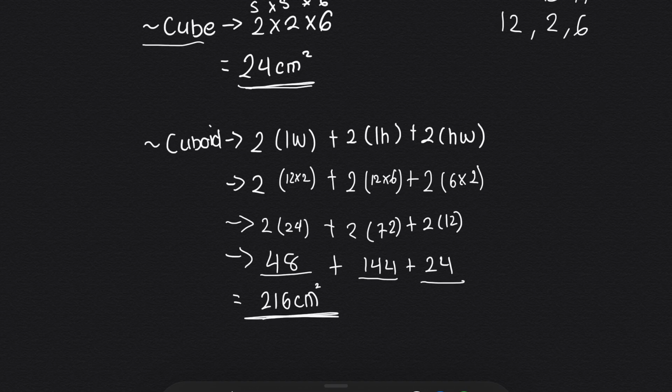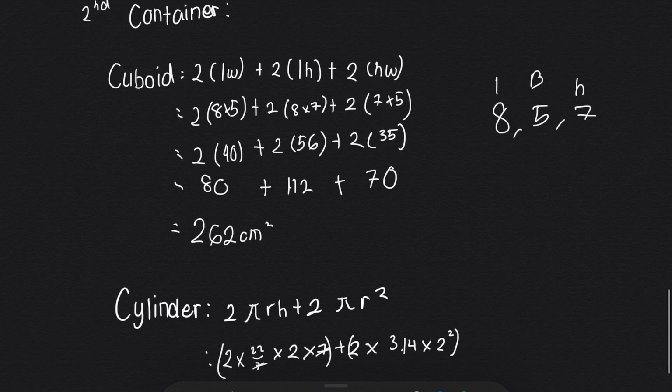Now, to find the total will be 216 plus 24, which will give us 244 centimeters squared. This is the total.